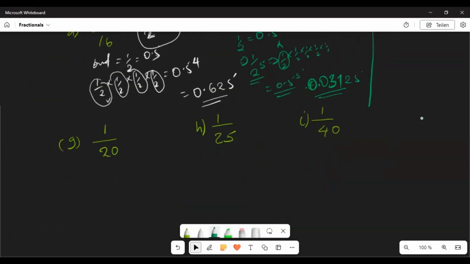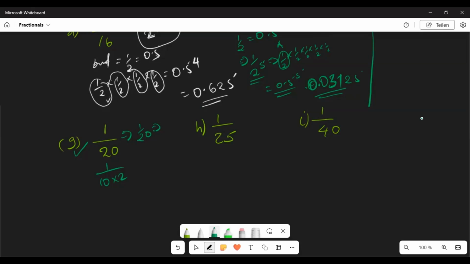Okay, so let's go to having that knowledge. Let's now do this. Going to G, there are 2 ways of looking at it. One way is to say 1 over 20 is equivalent to saying 10 times 2. You remember when we work with the 2.